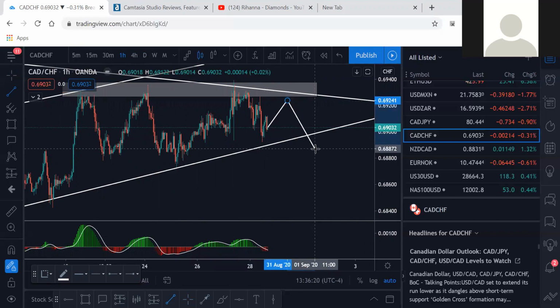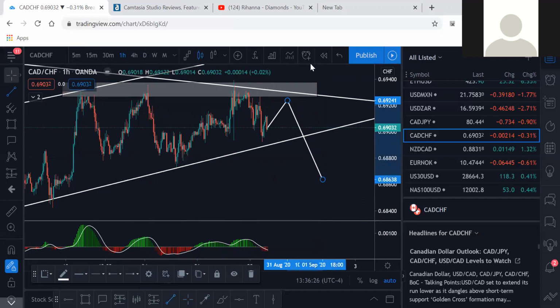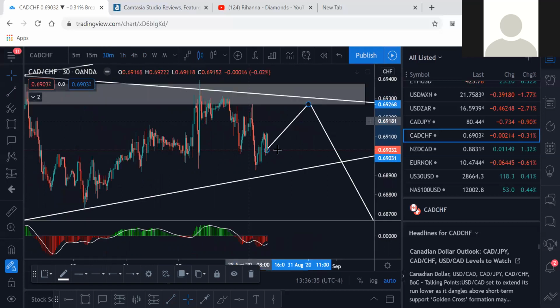And probably test our resistance again before it drops to the downside on the 1-hour. And if we don't get the retest entry on the 1-hour, we certainly will get it on a lower time frame. So let's see what's happening with the M30.